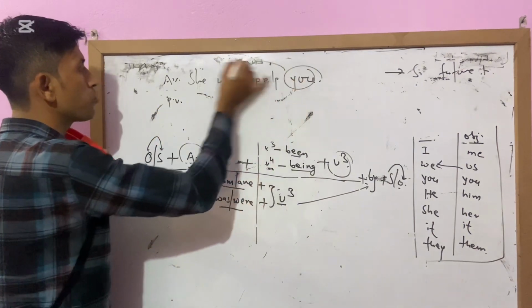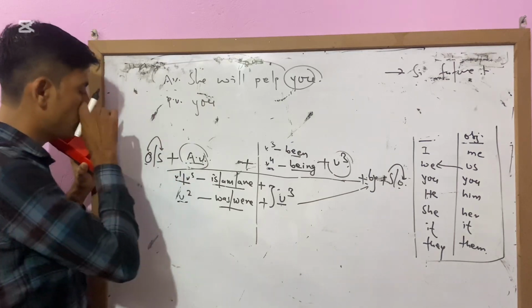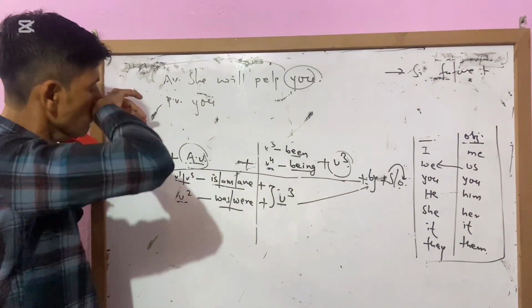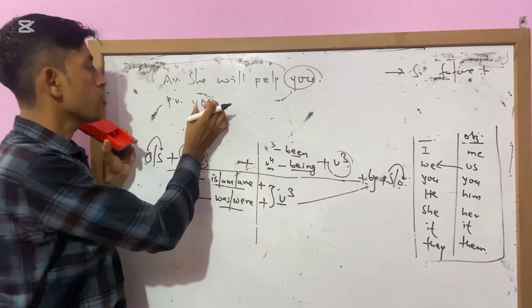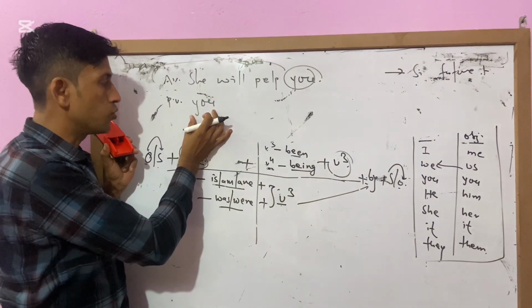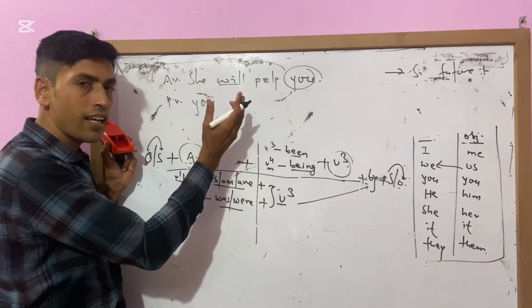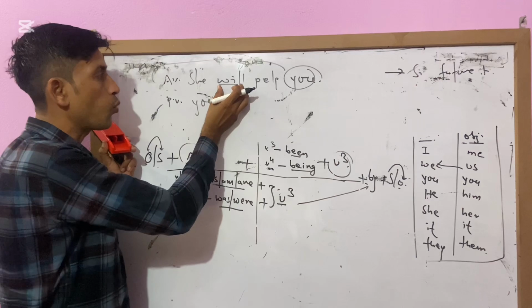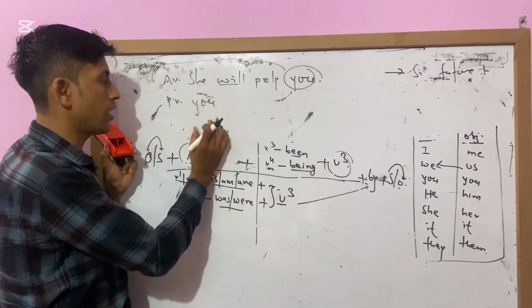Object by subject: you, we change it into you. So object by subject, you here, and will is here. Will and shall are a similar pattern. Will is the auxiliary verb, right? So we use here will or shall.